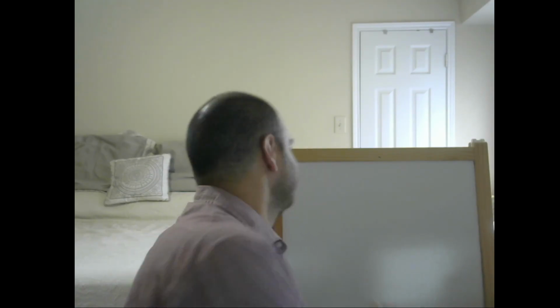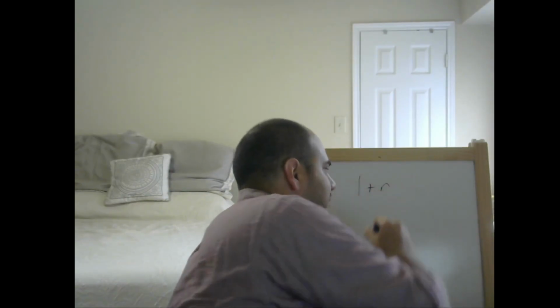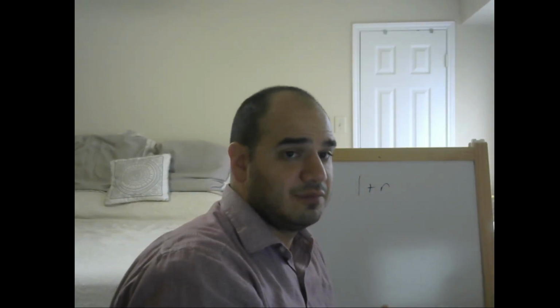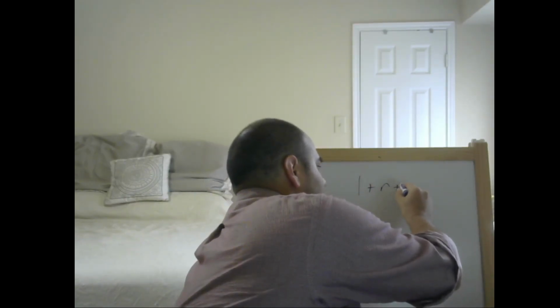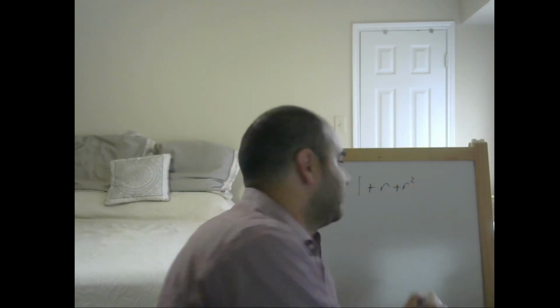So it starts with a sum which follows a simple pattern. So you start with 1. You can start with any number really, but we'll start with 1. And then you multiply it by some ratio. Then you multiply the previous term by that ratio.